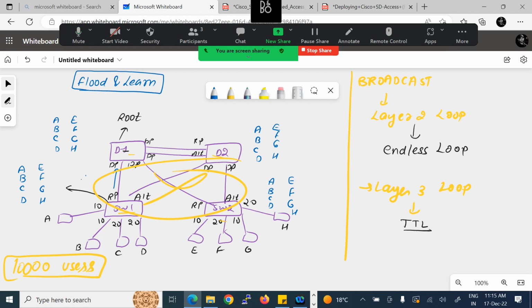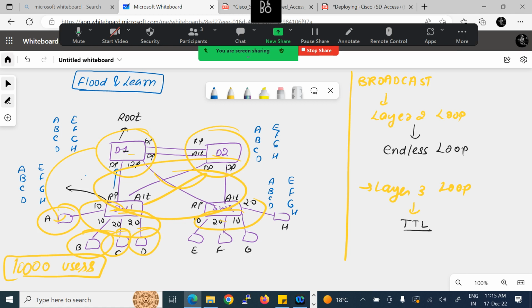But no, what we will be doing here, we will still have the VLANs, but these switches will not be aware about the end user identities.